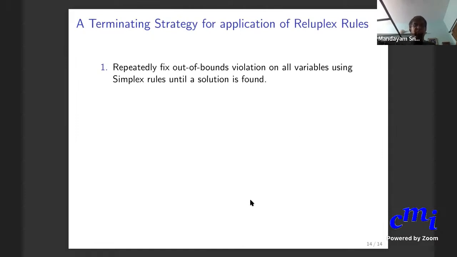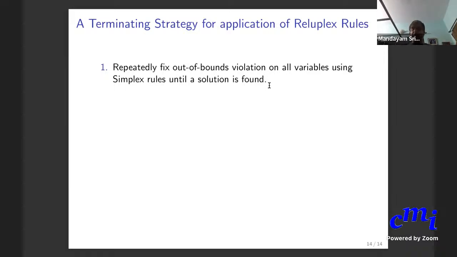So what is the terminating strategy for application of this? This is the same kind of strategy that I showed you earlier, a little bit more systematic here. You start with the over-approximated LP instance where you throw away all the ReLU constraints, then you repeatedly fix outer bound violations on all variables using the standard simplex rules until a solution is found.